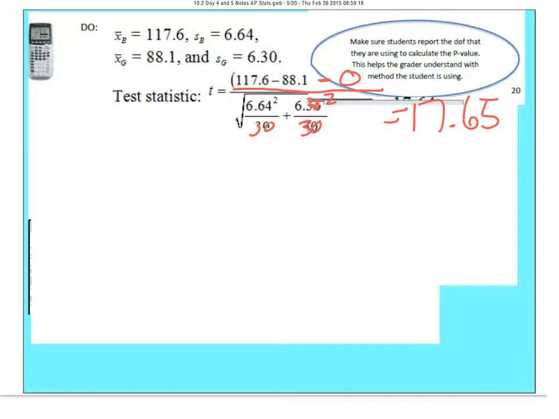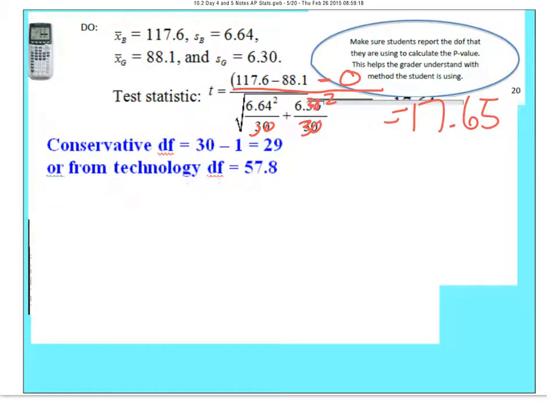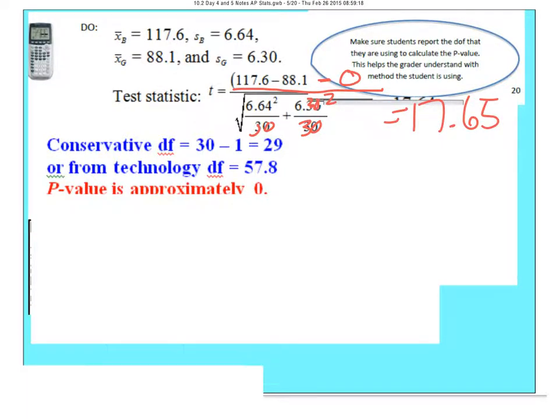All right, let's just do this by hand though. Remember, for conservative degrees of freedom, we choose sample size minus 1, which is 29. Now, when I show you the calculator, you're going to notice the degrees of freedom on the calculator are incredibly different here. It will be 57.8. The p-value is going to be 0 on this, but folks, think about it.